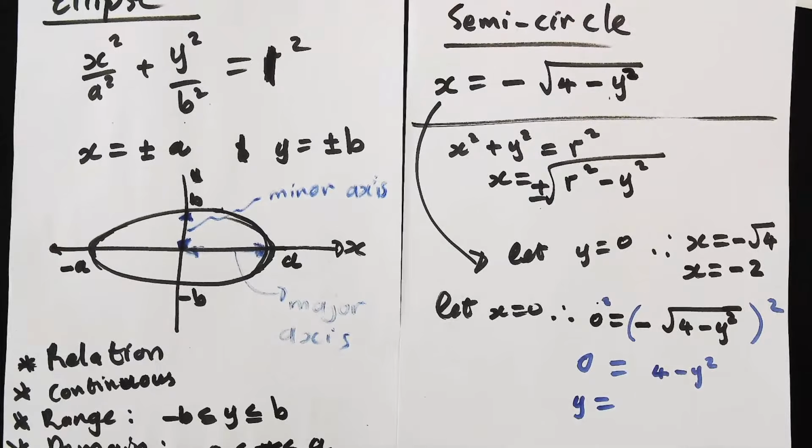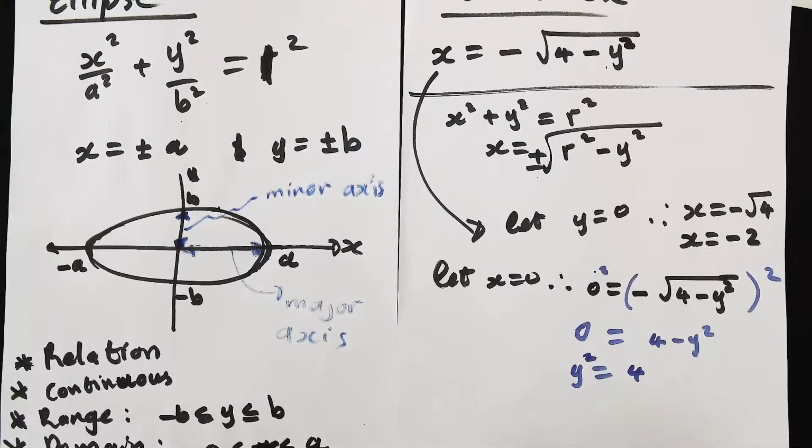Okay, let me not skip this step, because I want to show you that. Let me show you. So therefore, y squared is equal to 4, isn't it? Then when we put a square root, we're going to put a square root of plus or minus, isn't it? So we'll have plus or minus 2.